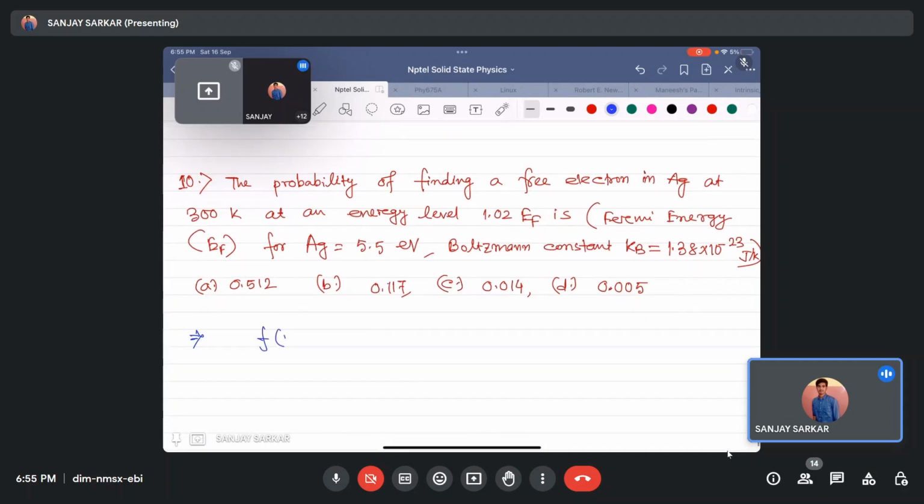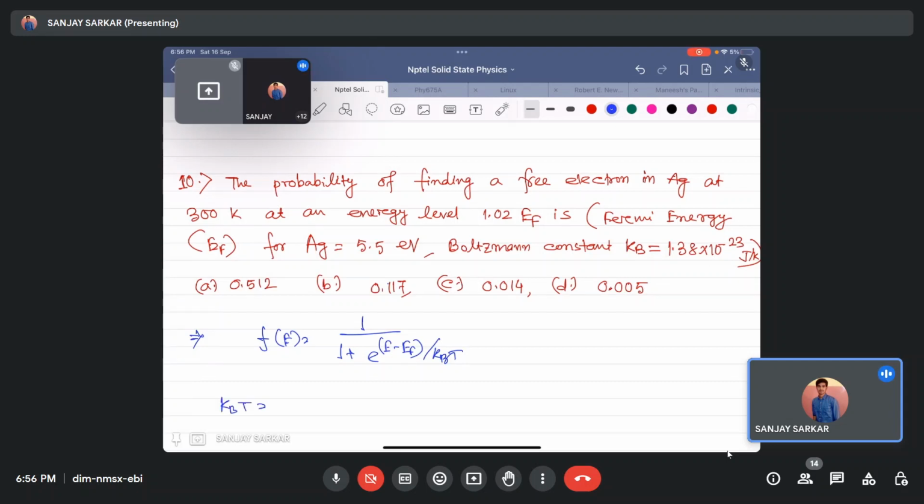So you have to calculate the Fermi distribution function, which is given by 1 over 1 plus exponential of E minus EF divided by kBT. So you can already calculate what is kBT.